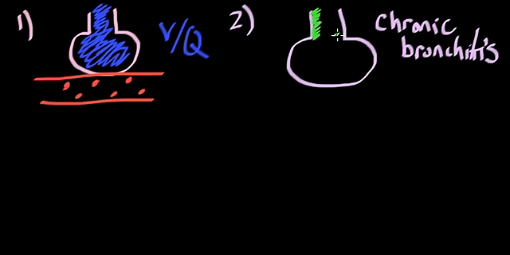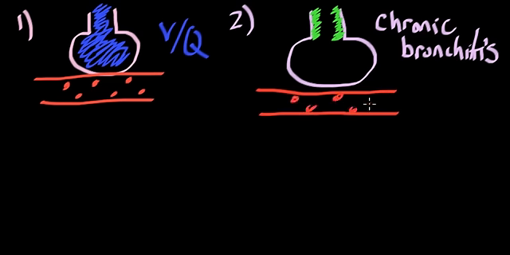So the secretions I'm going to draw in green. And again, below the alveolus, there's the capillary bringing blood. And this person doesn't have any problem with perfusion, so there's still the same amount of blood going by as before.